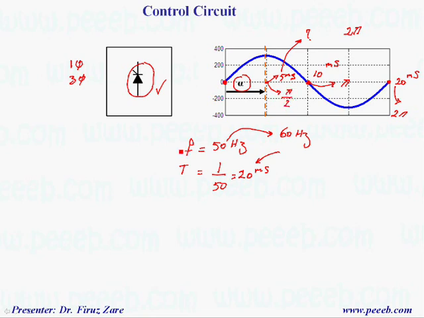So sometimes we define the switching time and sometimes we define the firing angle, which are basically the same but with a different definition. We can also define it in degrees. So instead of 2 pi we can say 360, instead of pi we can say 180, or instead of pi over 2 we can say 90.